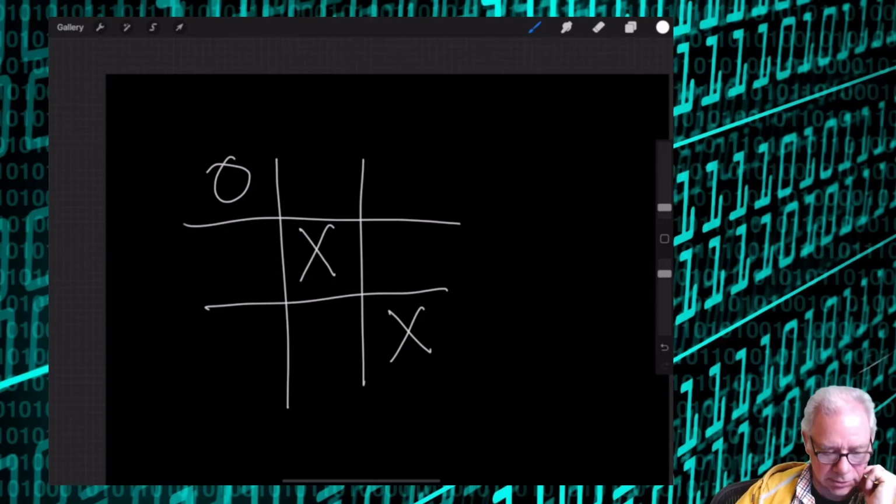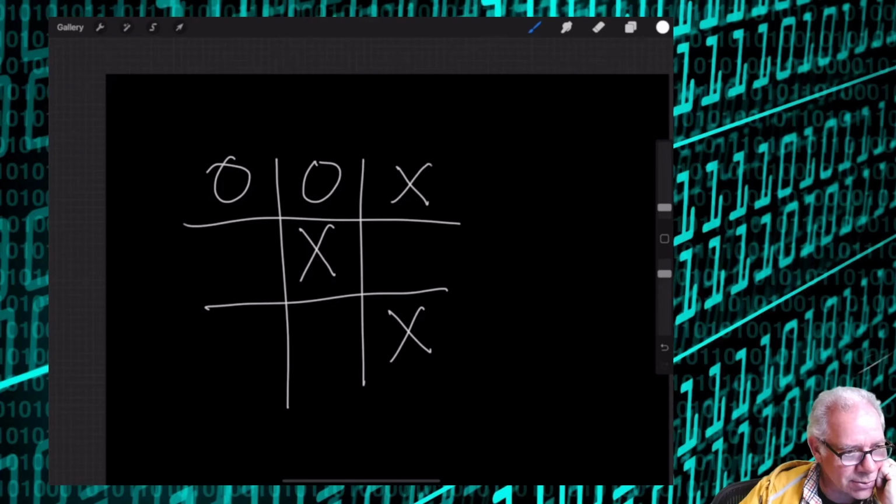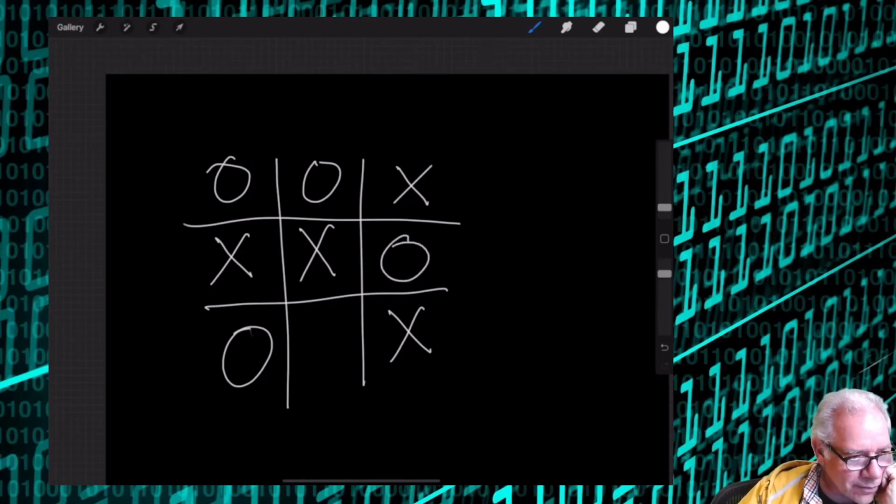And let's just trace through the whole game here. So it's the number 1, then it's the number 2, then it's the number 6, then it's the number 3, then it's the number 5, and then it's the number 7.